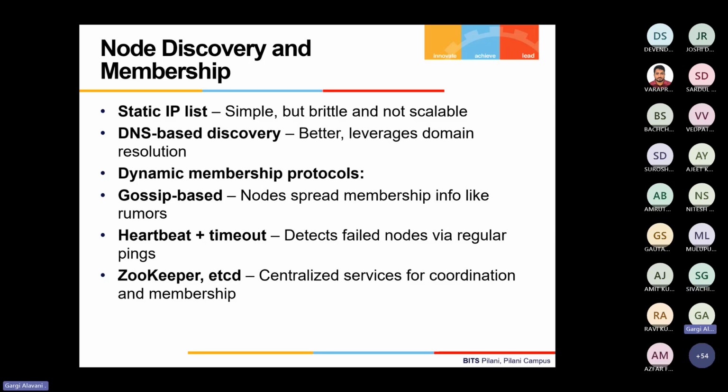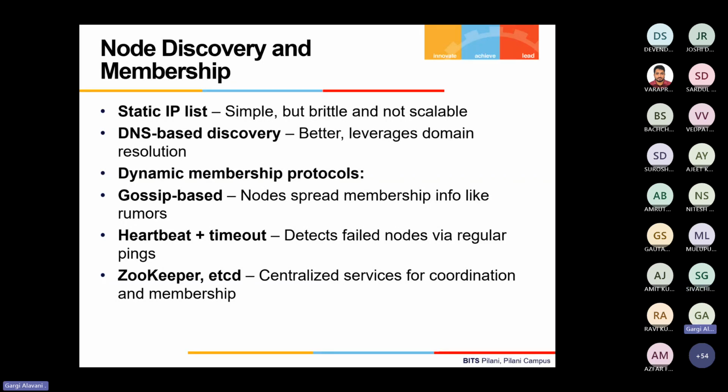The simplest method is obviously using an IP list, but this is very hard to maintain. And what if the IP changes? Then it will fail. A slightly better approach is DNS based discovery. Here, services can find each other using host names.